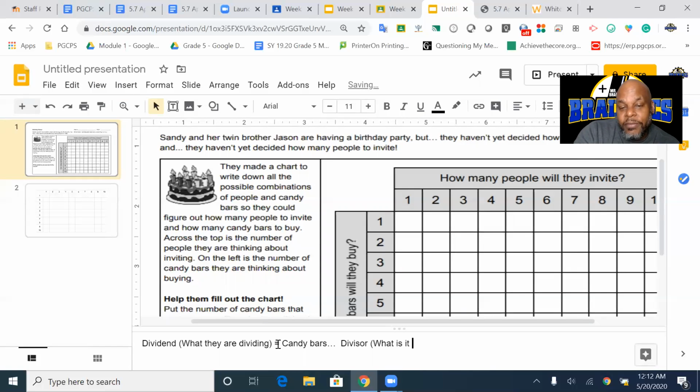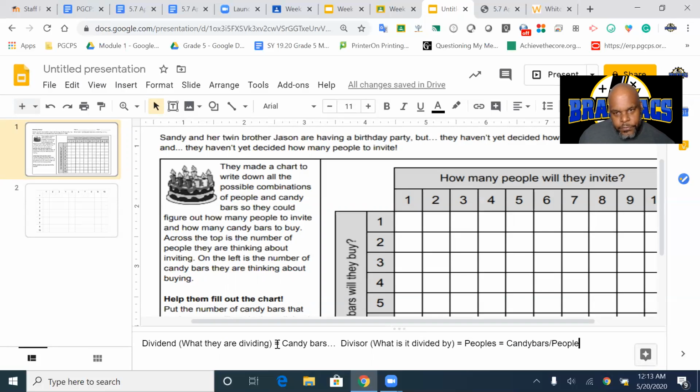That may be a better statement. Are the people, the invited guests. So then the equation will be, or the fraction will be, candy bars over what? People.